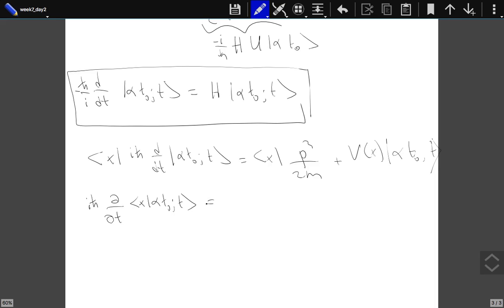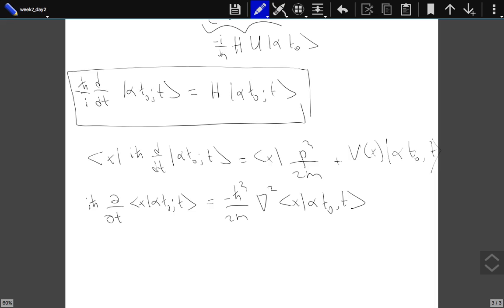This should be equal to, well, we had already studied what the momentum operator does in position space. It's just a derivative. We have two of them, so it's the second derivative: minus h bar squared over 2m, the Laplacian, acting on this inner product.